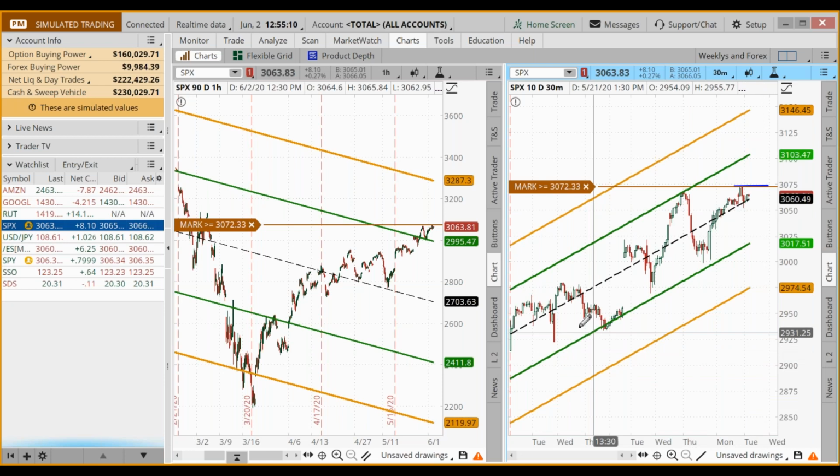Yeah, that's what I'm looking at. I was looking at the same thing. So appreciate it. Because if you look at the regression line, it is trending up, but it's sitting right on the line, which means if it breaks through here, it's got some room to run.